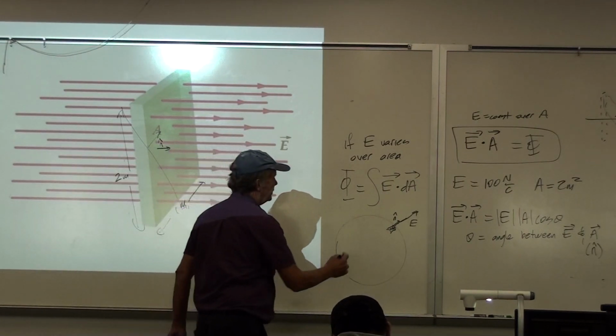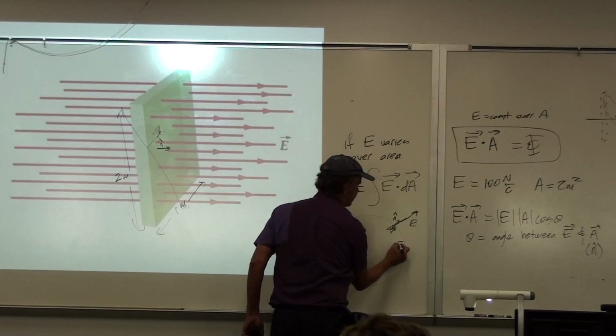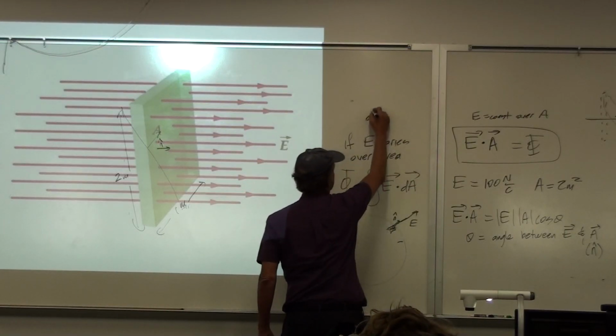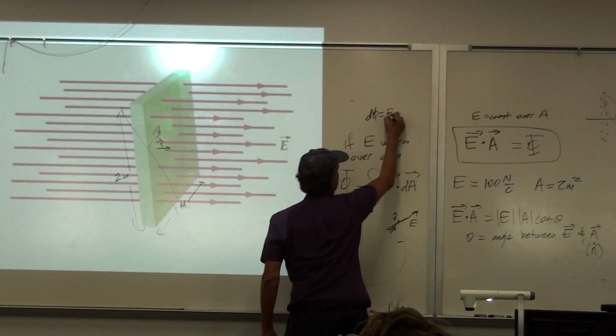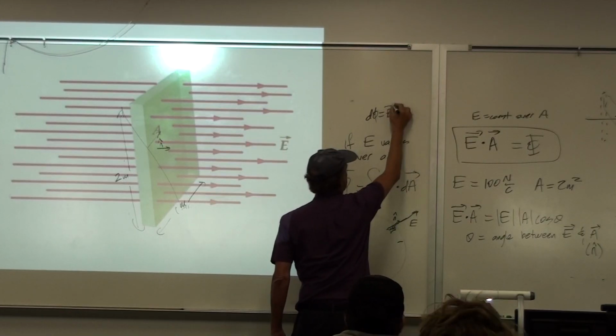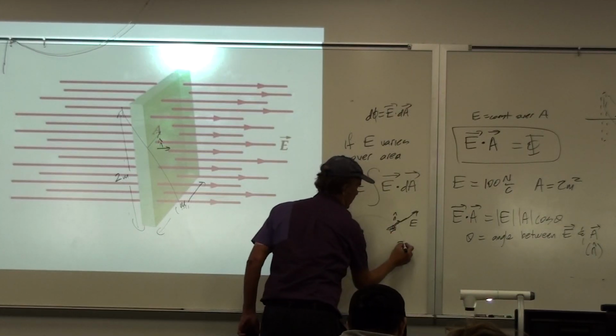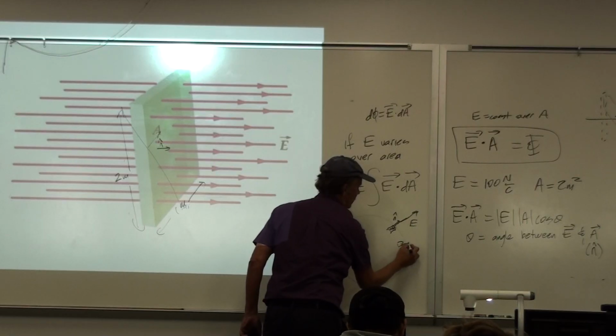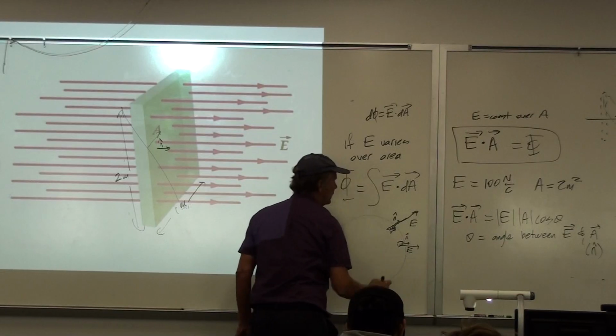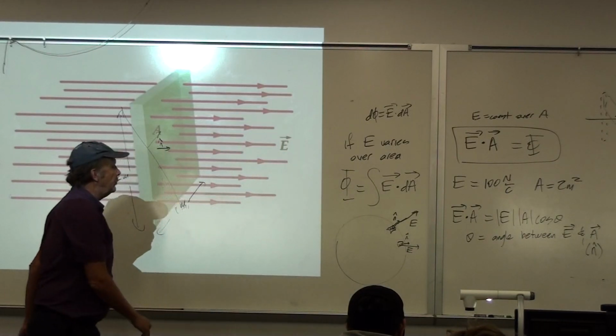So in this case then, you'd sum up that little bit of flux. This is like a dFlux. It's E dot dA. And the dA always has a unit normal that points straight away. But the electric field for a point charge also points straight away.